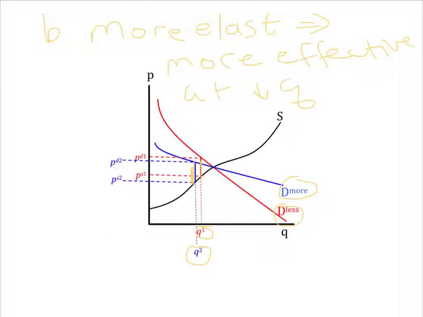Now, the reason this is happening is because of substitutability. More elastic means there are better substitutes. If people have good substitutes for driving their car and using gasoline, more elastic means better substitutes.